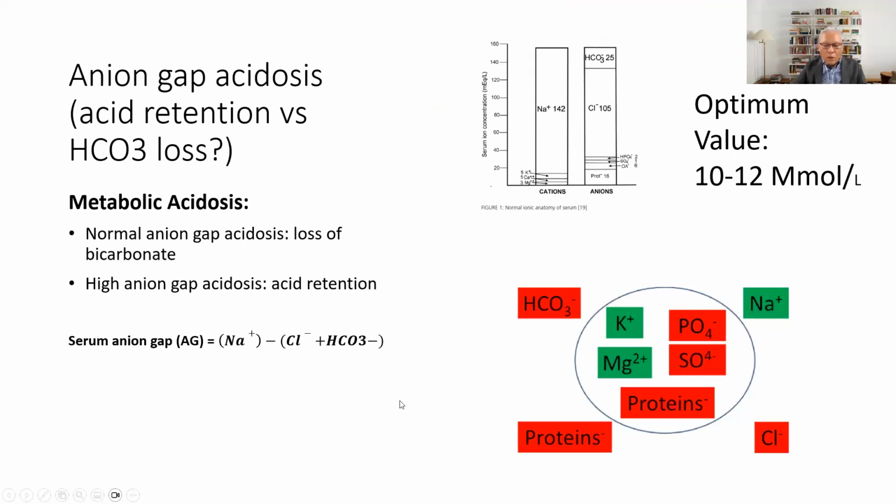All right, in the body, we have a principle called the Isohydric Principle. And the Isohydric Principle says that in order for equilibrium to happen in the body, the number of positively charged ions should always be equal to the negatively charged ions.